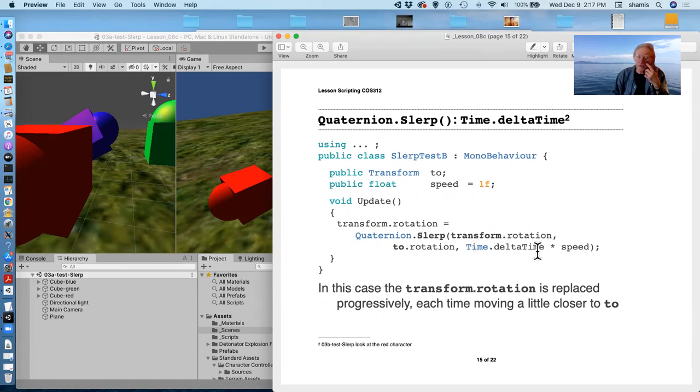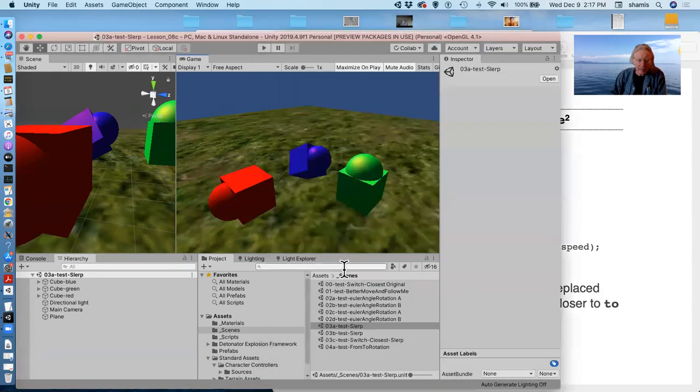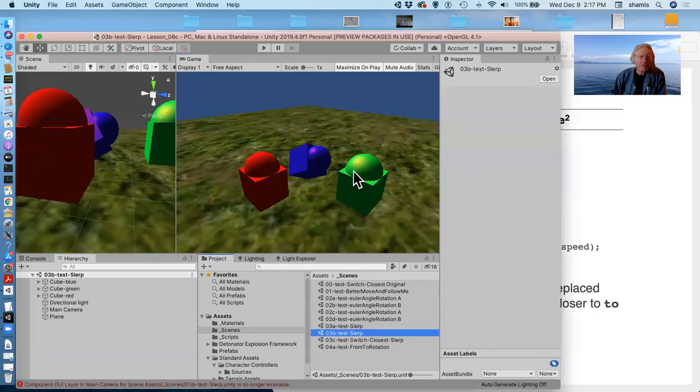This is the small quantity, the time between frames, and this is the speed, the scaling factor as to how rapidly we move toward it. In this case, the transform rotation is replaced progressively, each time moving a little closer to the to rotation that we're seeking.